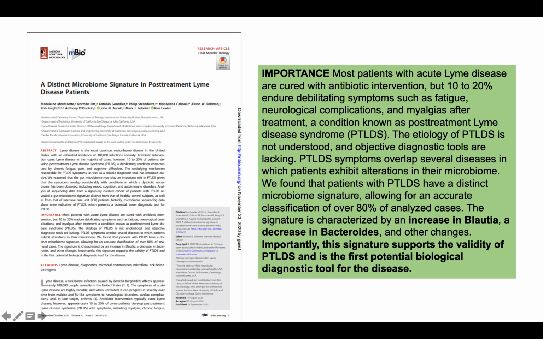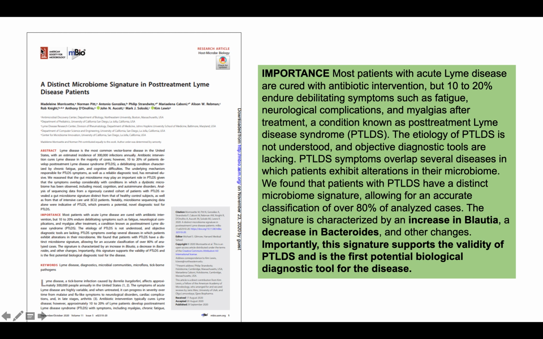But there's probably about 10 or 20% of people that, although they are given treatment, will still be feeling fatigue or other symptoms of Lyme disease. And this is known as post-treatment Lyme disease syndrome, PTLDS. And then they really don't understand why that happens. We aren't there in the research as to why for some of these people it becomes a chronic disease.